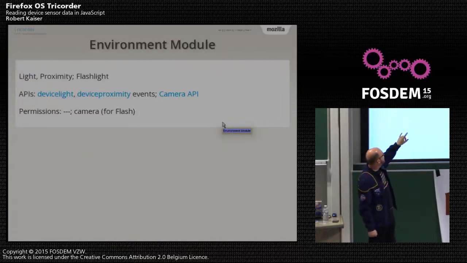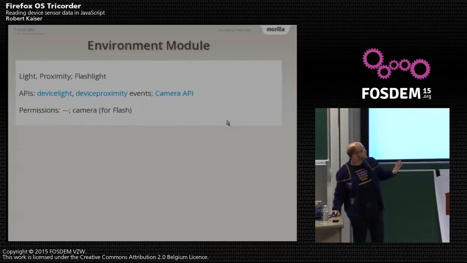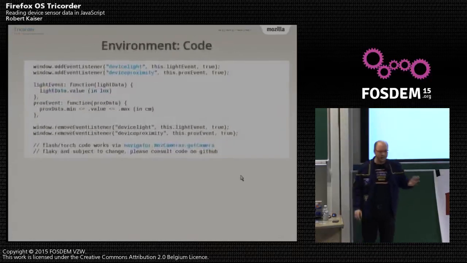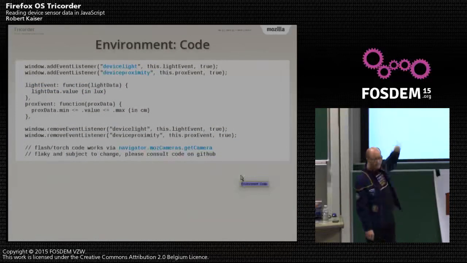It would be the camera API for the flashlight, and that would need a permission, the other 2 don't. I don't have the code for the flashlight on here because the camera API is kind of strange as well. So it's basically the same thing as we had with those other 2 events with the accelerometer and magnetometer.